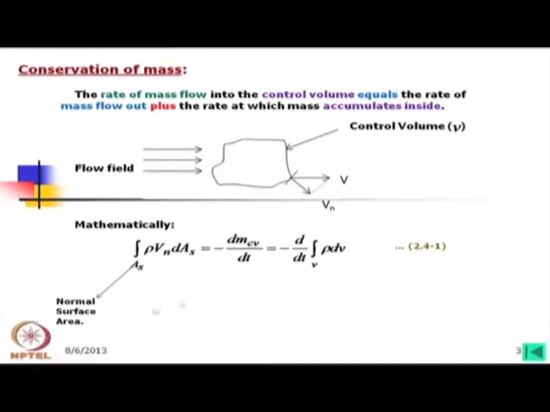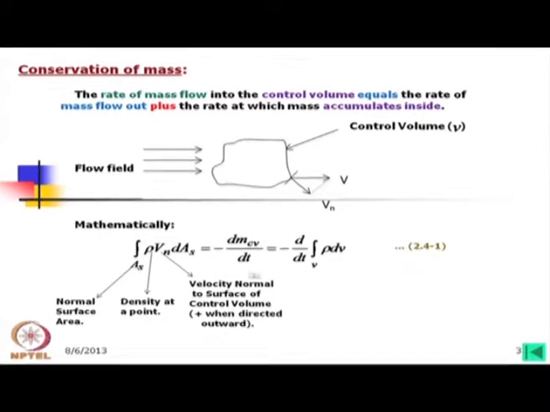Now, in this case A s is the normal surface area, rho is the density which we have already discussed, V n is the normal velocity, and this normal velocity is importantly positive when directed outwards. That means, the direction shown is positive.